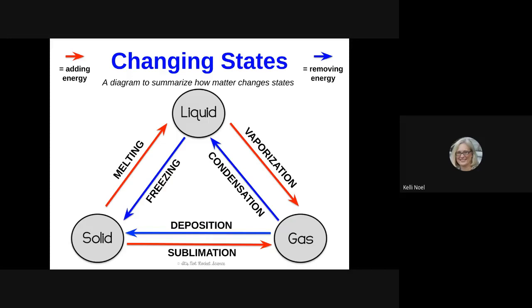All right, that's going to come in handy in just a minute. The red outer arrows represent adding energy. The inner arrows, you're losing energy. Is everybody good? Can I move on from this? You good, Ricky?